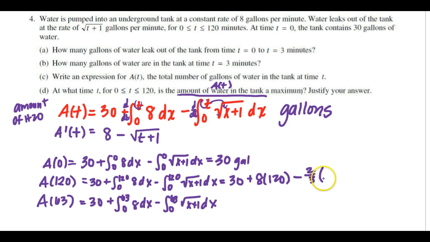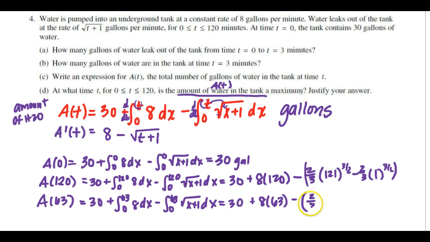This was 2/3, and my new limit of integration, if I let u be x plus 1, to this 120, would be 121. So this is 121 to the 3/2 minus 2/3 times 1 to the 3/2. And then here, this would be 30 plus 8 times 63 minus 2/3 times 64 to the 3/2, and then minus 2/3 times 1 to the 3/2. So we have to figure out what's biggest.